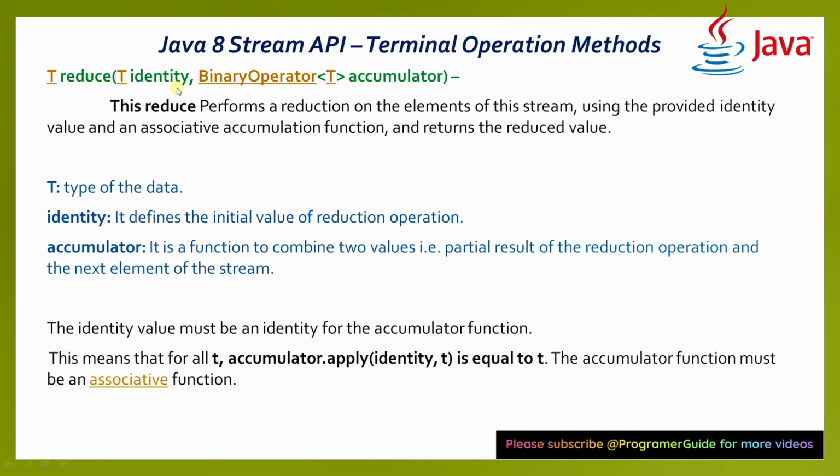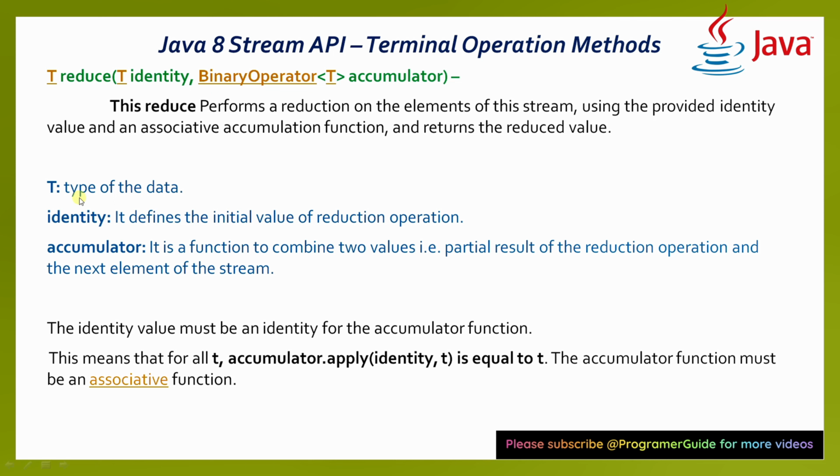So this reduce takes two input parameters, identity and binary operation. This identity is any data type which is going to be accumulated into the binary operator. This reduce performs a reduction on the elements of the stream using the provided identity value and an associative accumulation function and returns the reduced value. That means whatever identity value we have given here, it is going to take the additional value and both are going to be accumulated together.